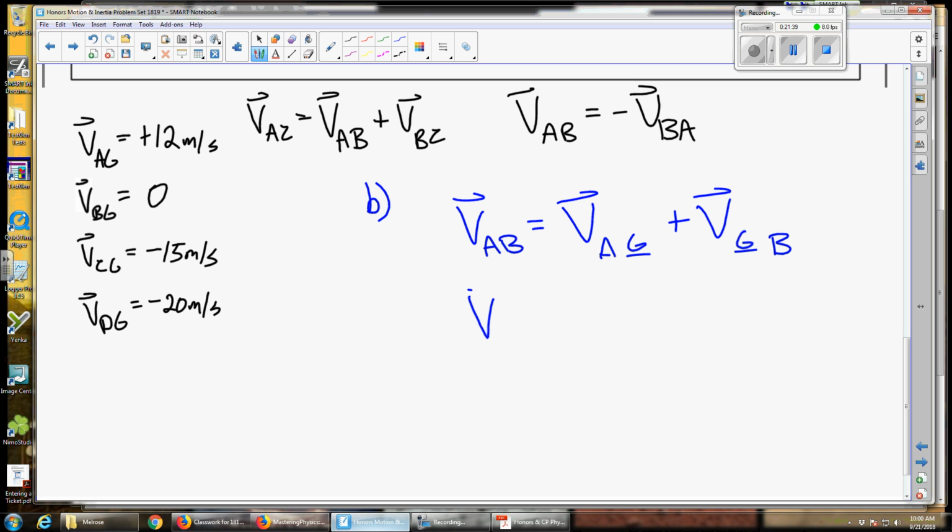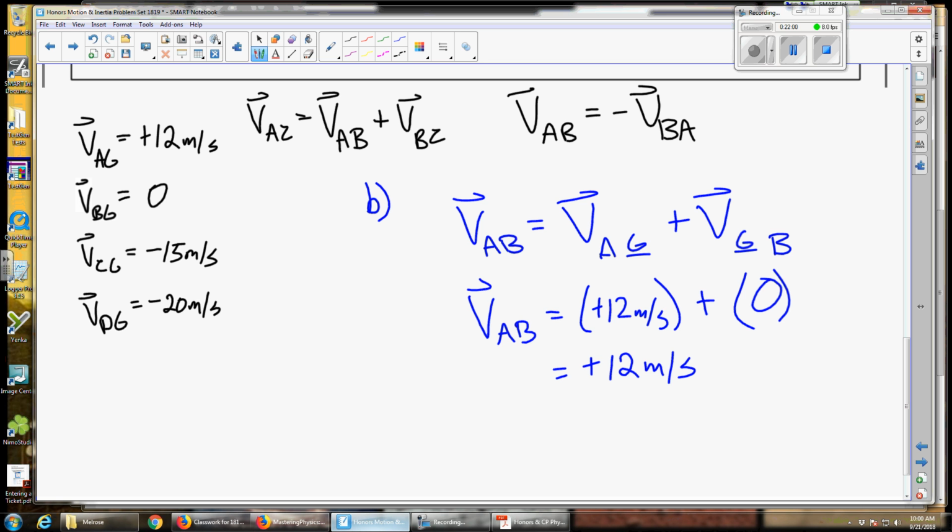So velocity of A to B equals plus 12 meters per second plus the ground to B. B to ground is 0, so ground to B is also 0. So I get positive 12 meters per second, where positive means to the right.